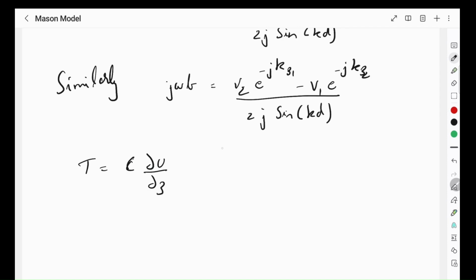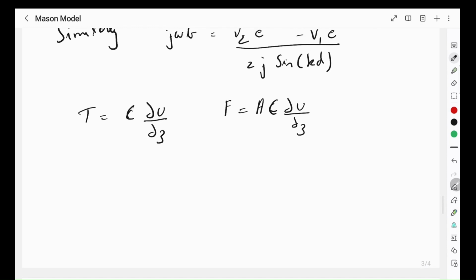So ultimately, force I wrote before, right? Force is equal to area into stress, so C, the stiffness, into the strain, dou u by dou z, strain in the z direction.